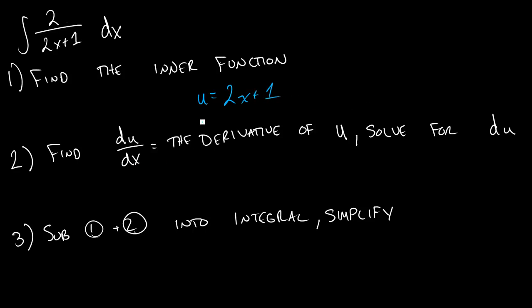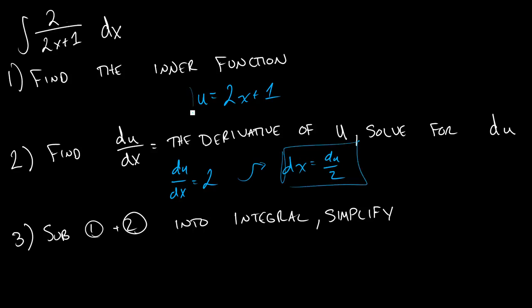So look at the overall arc of the story we're creating. We start with this integral that we do not have a formula for. I set u equal to 2x plus 1. I'm going to get the derivative of this. I'll write that du over dx is equal to 2, and I'll solve for dx. So dx is equal to du over 2. And now I have two facts that I'm going to substitute into this integral that was too complicated to do.